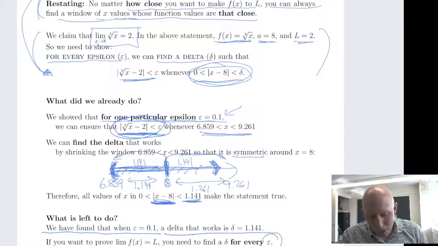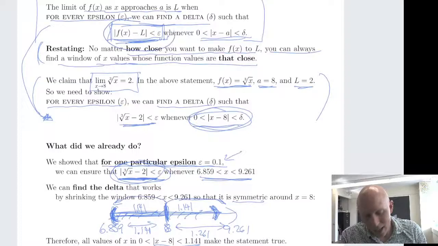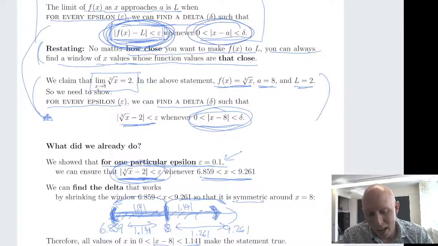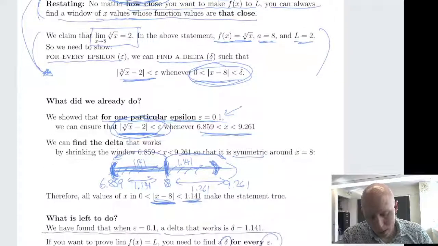You give me an epsilon, figure out the formula for delta that allows you to show that the distance between L and f is less than epsilon whenever the distance between x and a is less than delta. There is an appendix in the book if you'd like to learn more.